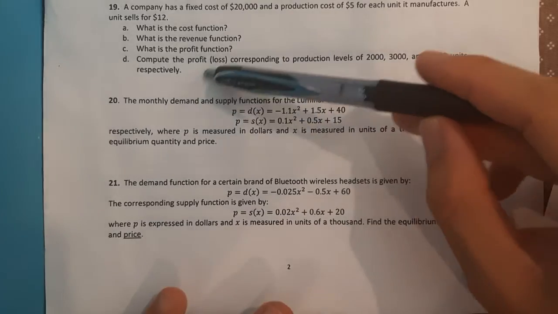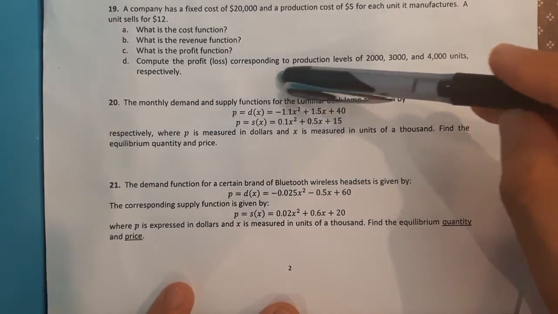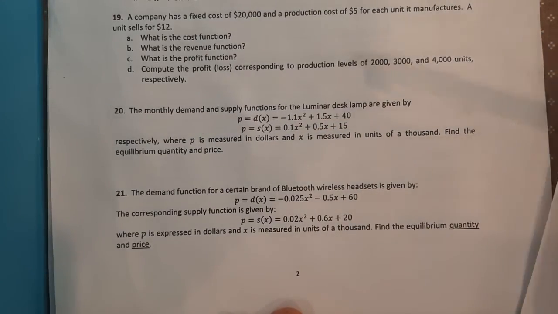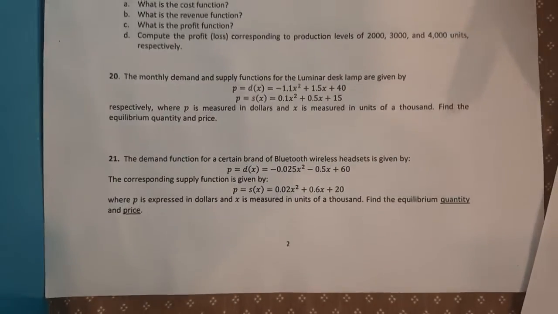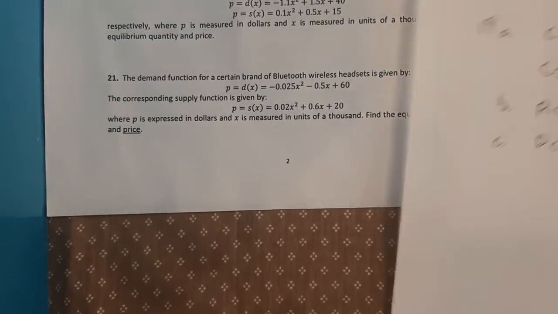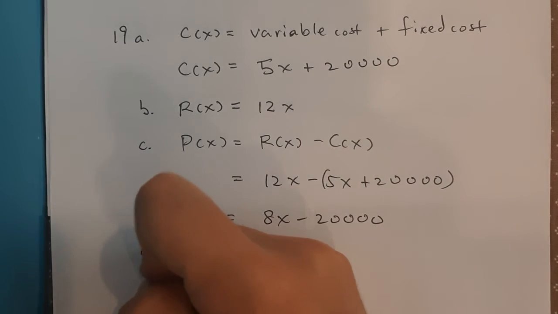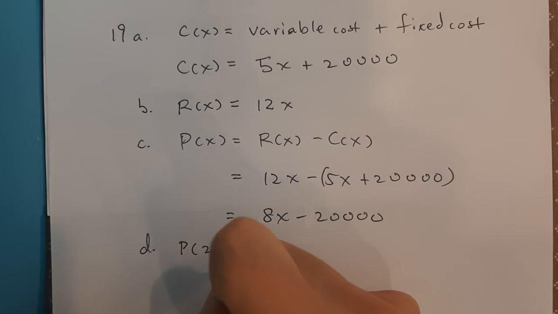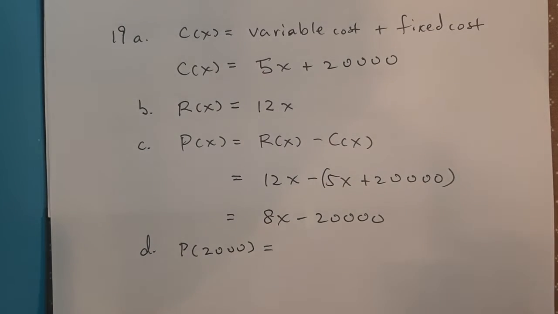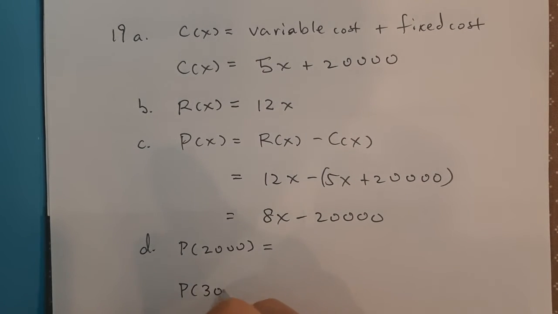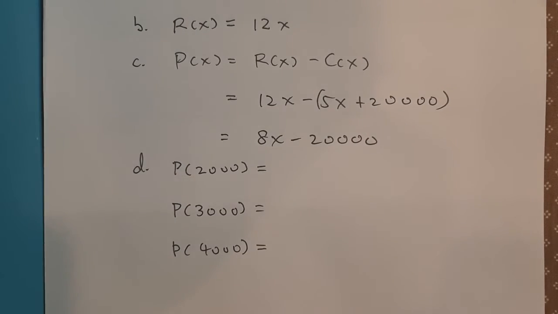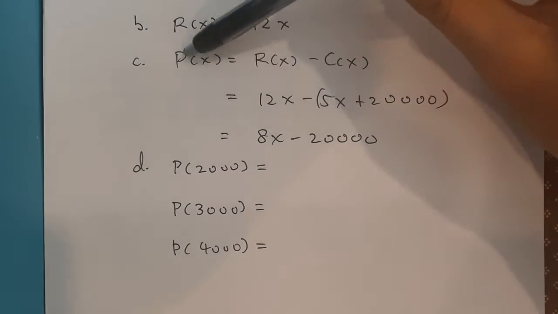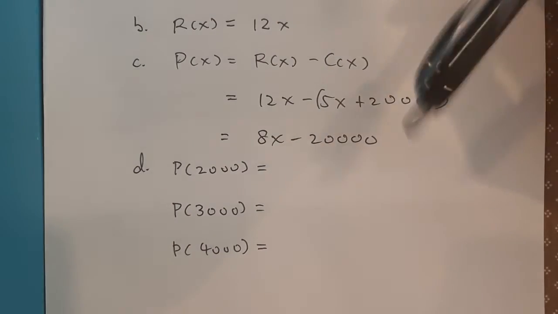So letter D, it says to compute the profit or loss corresponding to production levels of 2,000, 3,000, and 4,000 units. So here in part D, we're going to get P of 2,000, also P of 3,000, and also P of 4,000. So we already have the function P of x that's given, so we just plug in.